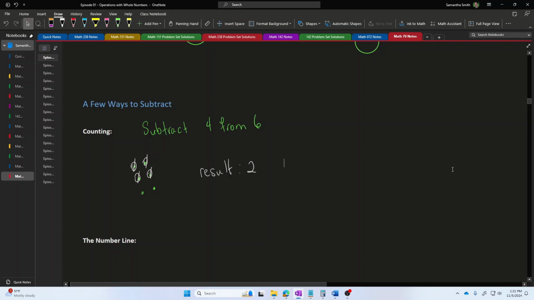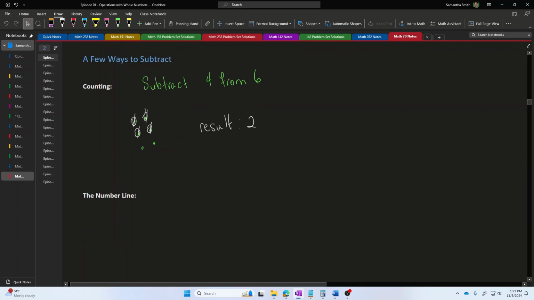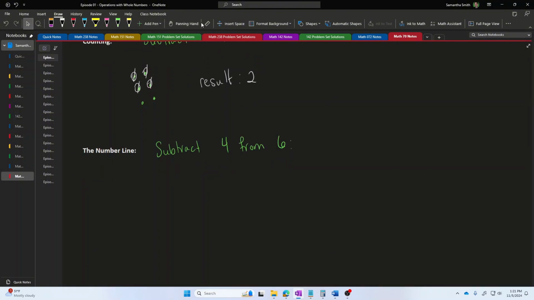You can also subtract using a number line. On a number line, if I want to subtract 4 from 6, I would start at 6, then I would go 4 units to the left.